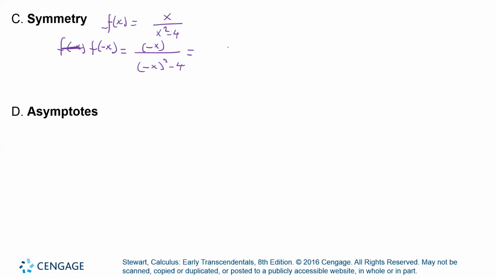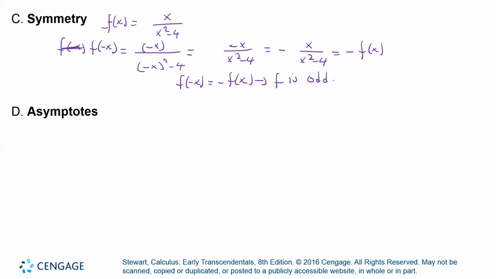So this will give me negative x over x squared minus 4. Basically, it's minus x over x squared minus 4, which is equal to minus f of x. So we have seen that f of negative x is equal to negative f of x, meaning f is odd. And odd means it is symmetric about the origin.